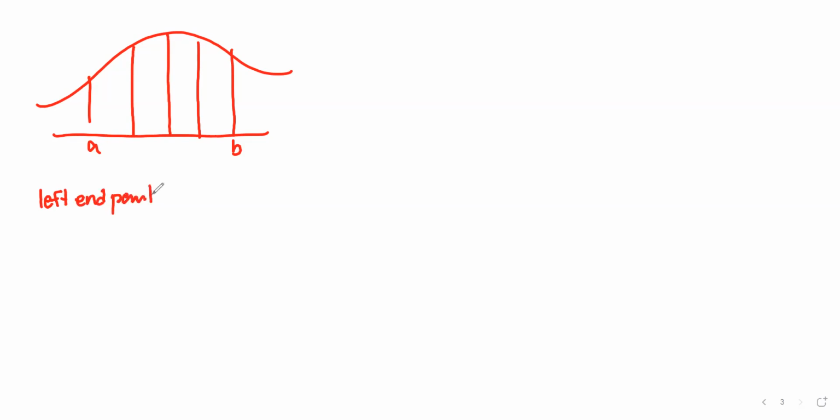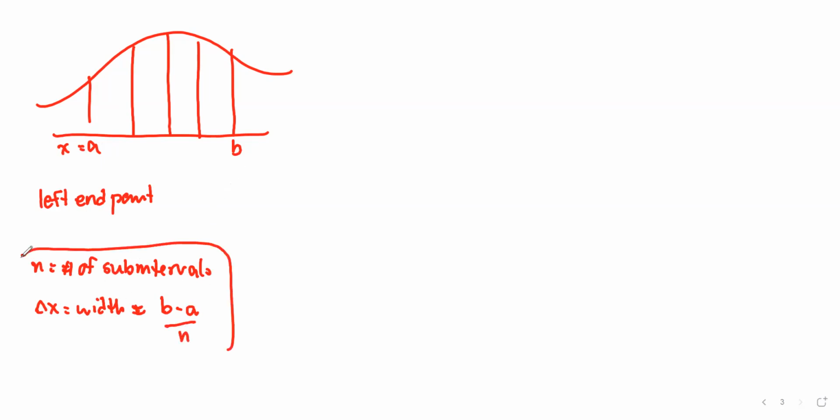For the case of the left endpoint, we have the number n of subintervals, the same setup. Then delta x, which is the width of each bar, or the increment from one x to another x, is the right end minus the left end, or the b value minus the a value, all divided by n.